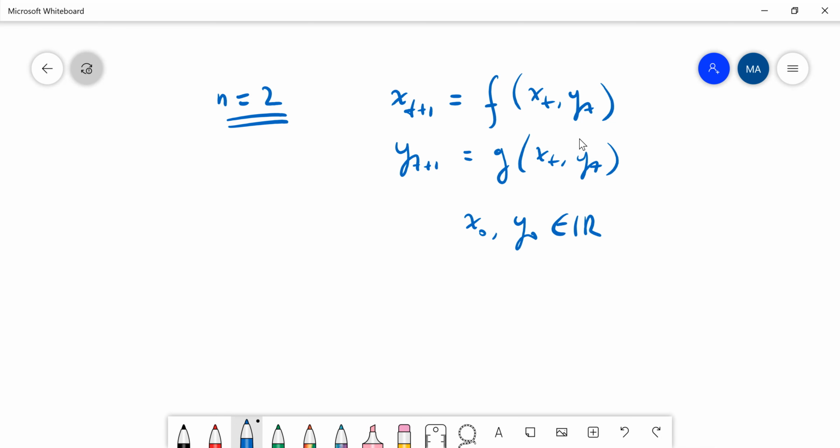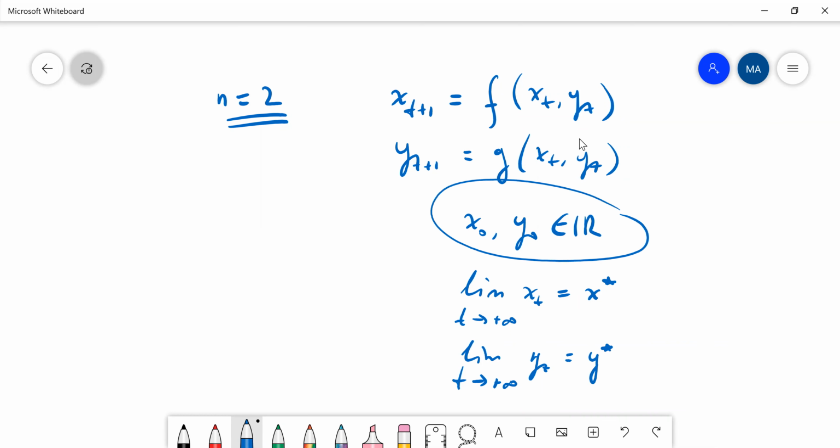Sometimes, in some problems, we define these limits as steady states, and we assume that these are given, especially in the programming problems where transversality conditions matter, right? But in general, we're going to be working with initial conditions given. All right.